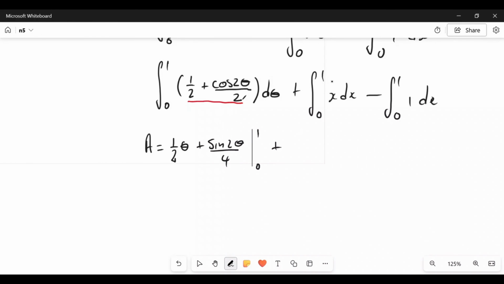So meaning we have to integrate the second term. The second term is x. So the integral of x is going to be x squared divided by 2, and then the limit is still 1 and 0, and then minus the integral of 1. The integral of 1, guys, is just x, because we are integrating with respect to x for this one, and then the limit here is still 1 and 0.